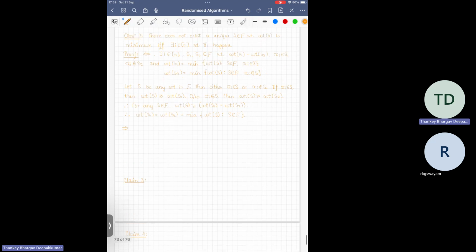Now there does not exist a unique S in F so that the weight of S is minimum, right?